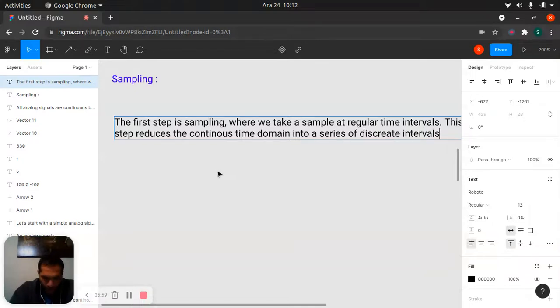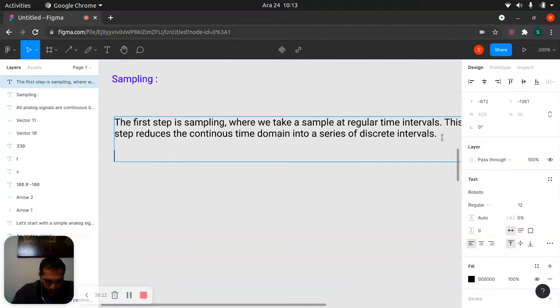I will explain the situation. This one is not discrete. It's like discrete intervals.